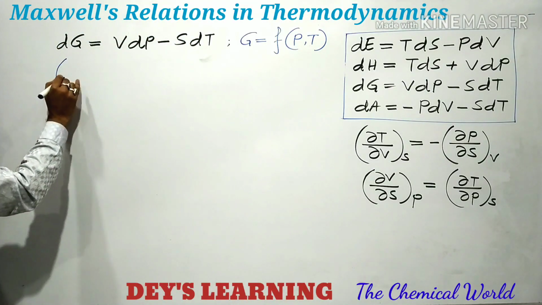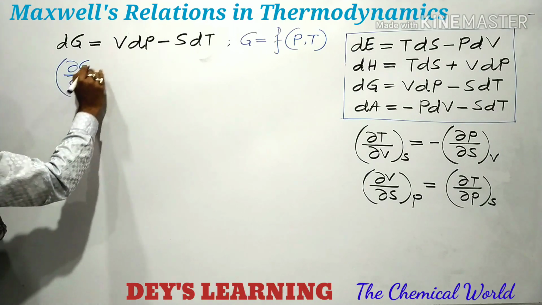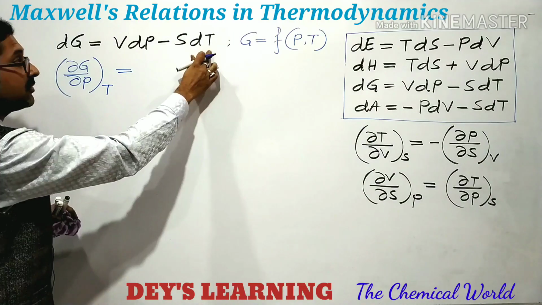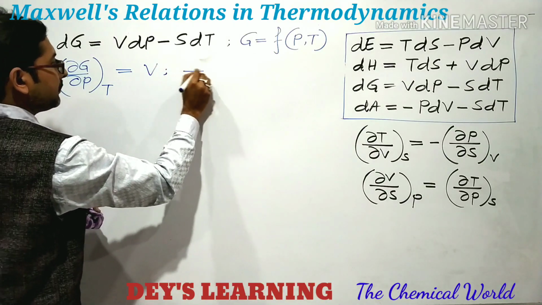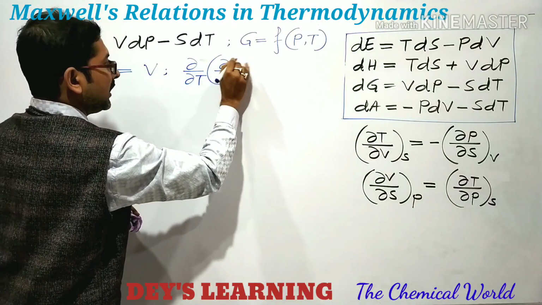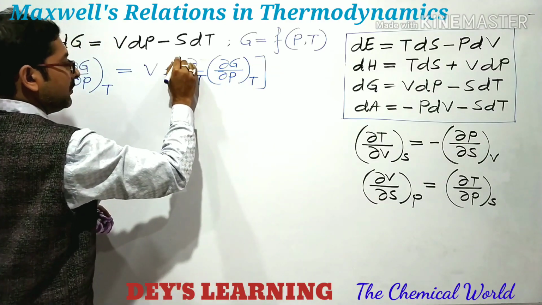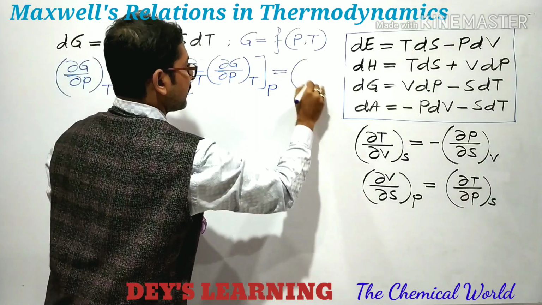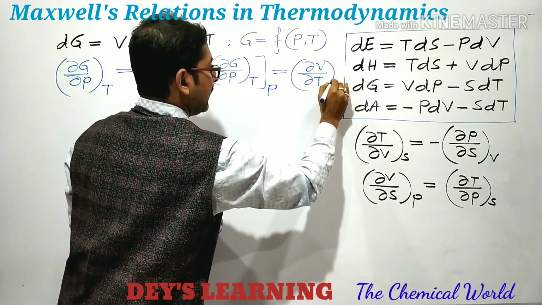So we can take the first differential of G with respect to P at constant T. Since T is constant, this term is 0, gives us only V. And then ∂/∂T of (∂G/∂P) at constant T, this differential is done at constant pressure, gives us (∂V/∂T) at constant P.